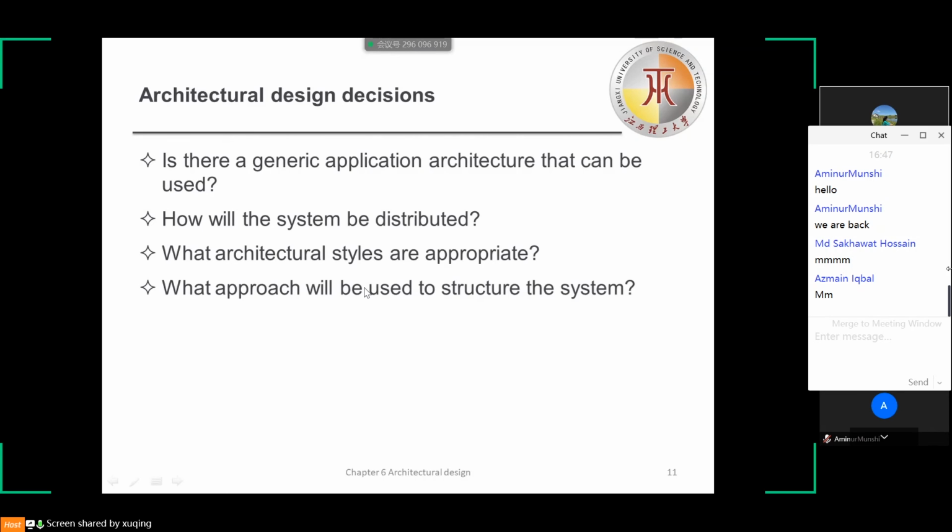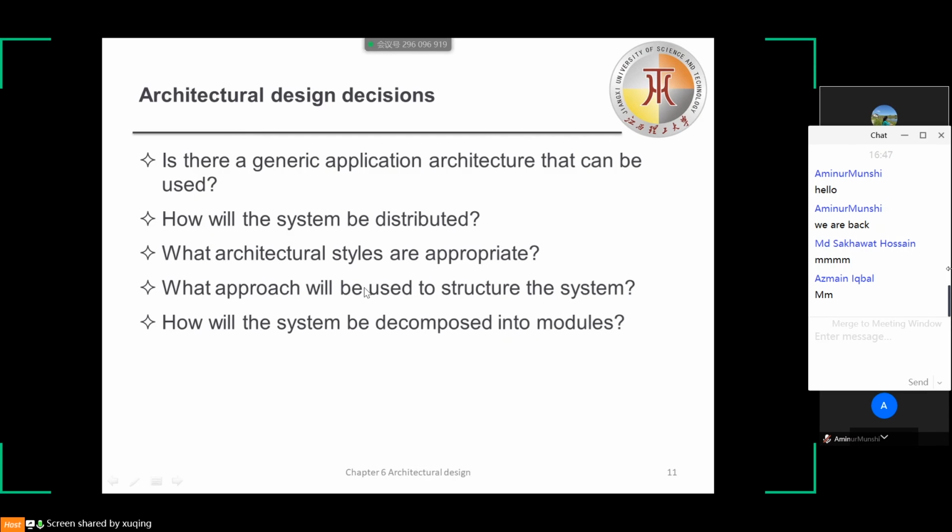And the fourth question is, what approach will be used to structure the system, especially the fundamental approach to structure the system. Then the fifth question, how will the system be decomposed into modules?